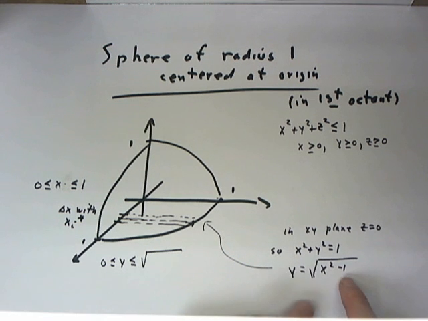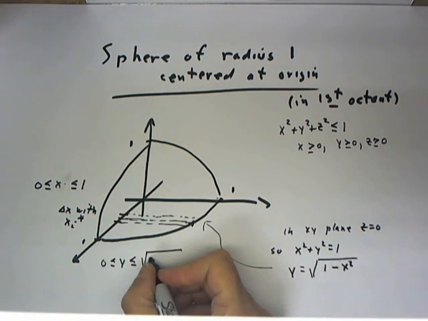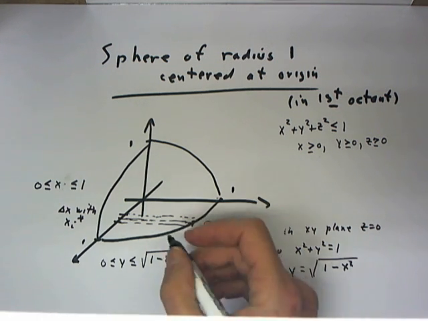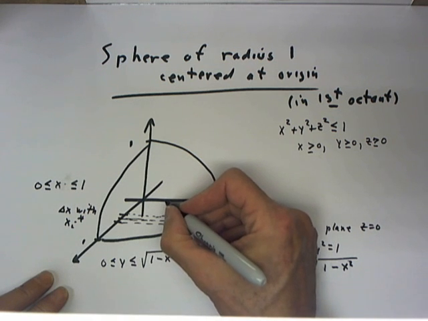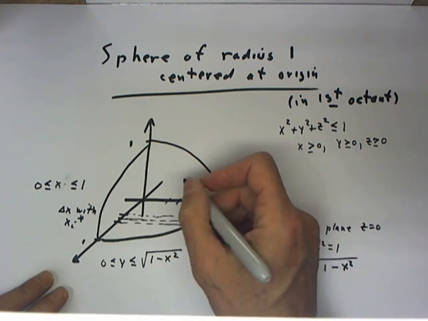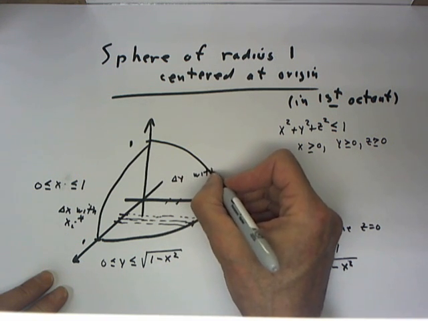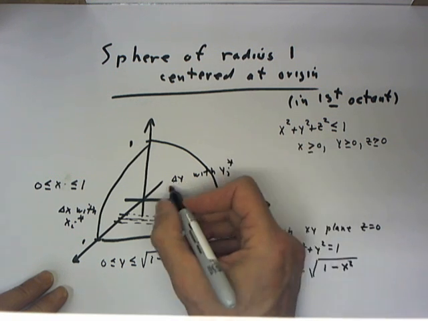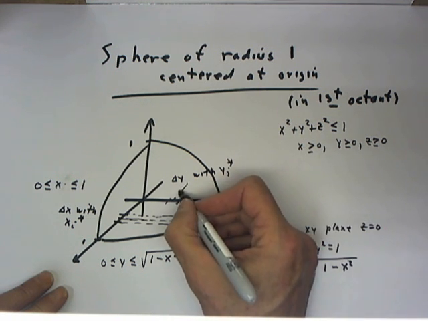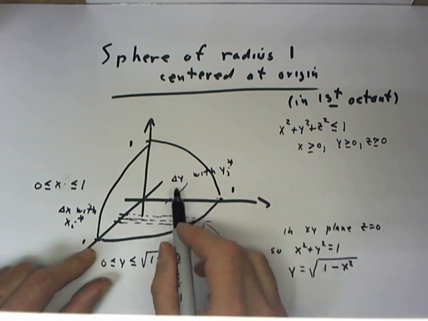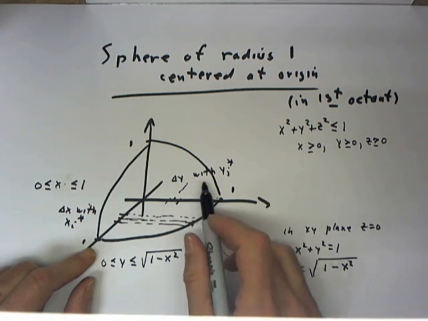And it must be getting late. Let me rewrite this correctly: 1 minus x squared, not x squared minus 1. So that our delta y sub j, okay, we got a region here, delta y with yj star, and our y can run from 0 to the square root of 1 minus x squared.